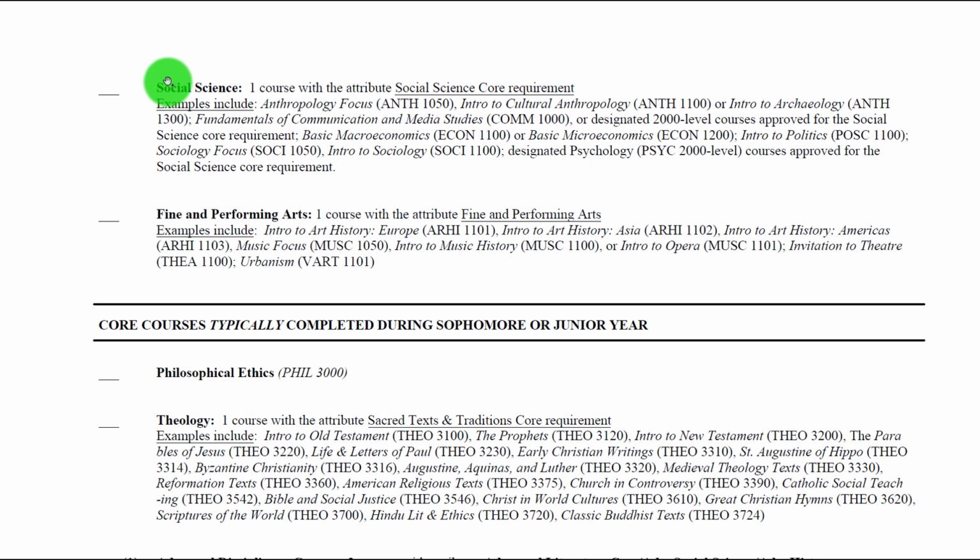If we take a quick look back at our core curriculum checklist at the social science requirement, we see that we're going to be searching for it by attribute because of all the different departments and courses represented in the requirement. We have everything from cultural anthropology, communication and media studies, economics, sociology, politics, even some psychology courses that can complete this requirement.